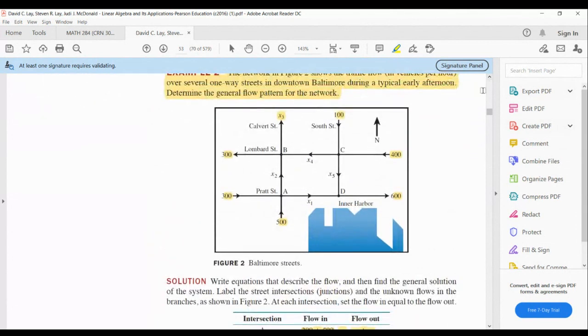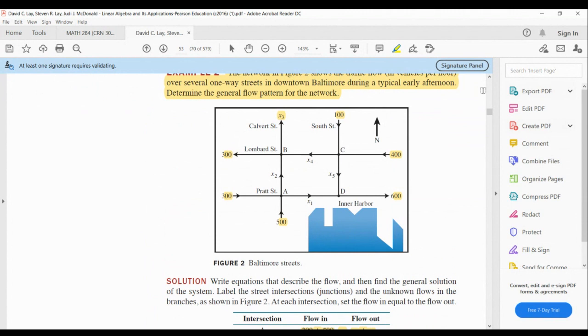You have certainties in terms of coming in and going out, like the numbers coming in: you got 300 from Pratt Street, 500 from Calvert Street, 400 coming from Lombard Street. But then you have these other variables, and those are allowed to vary.